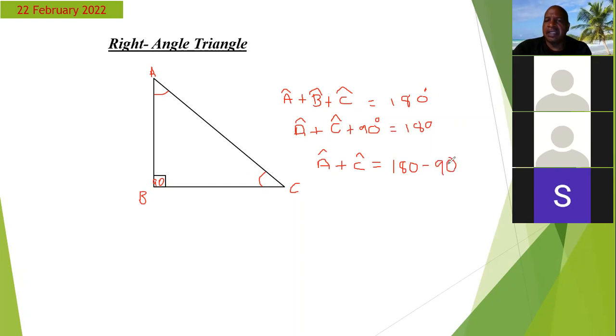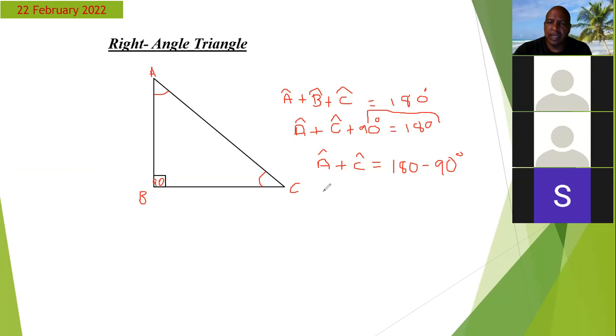Because we are solving an equation, we can just bring across this number 90 and change the sign to its opposite. So we'll change it to a negative.